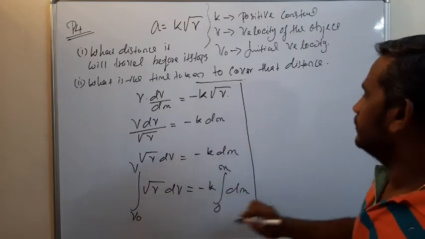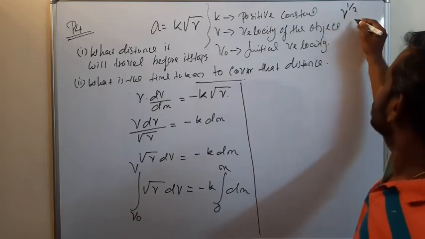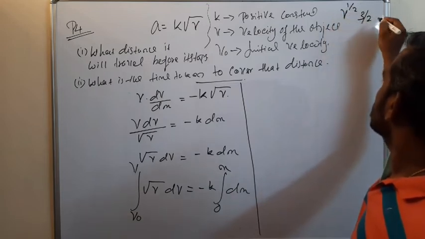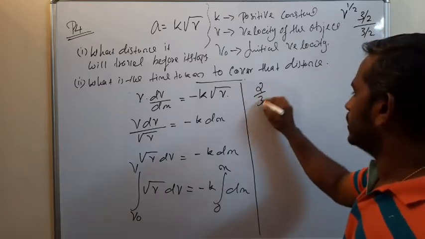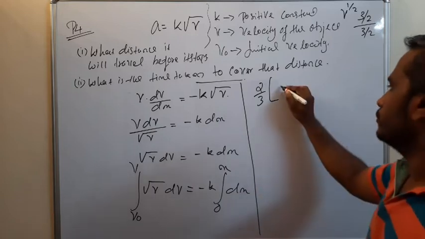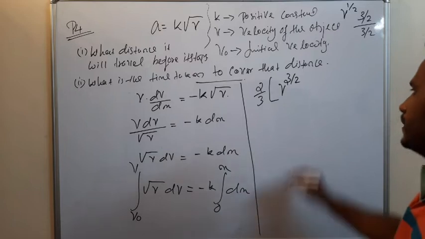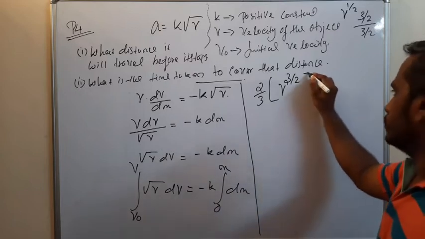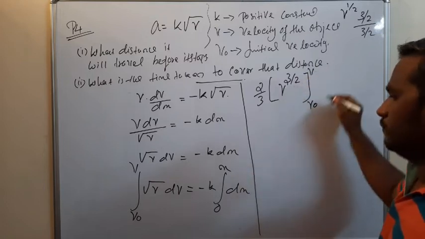So root v into dv, that integration is v power 3 by 2 divided by 3 by 2, so 2 by 3 into v power 3 by 2. The limit is v0 to v.